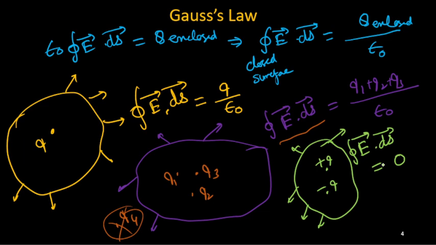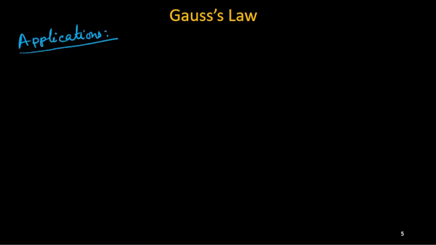Its algebraic summation is 0. The total surface integral for E equals 0. So sometimes we can express this electric field using Gauss law. This is the integral form, and we can have certain applications of this Gauss law.